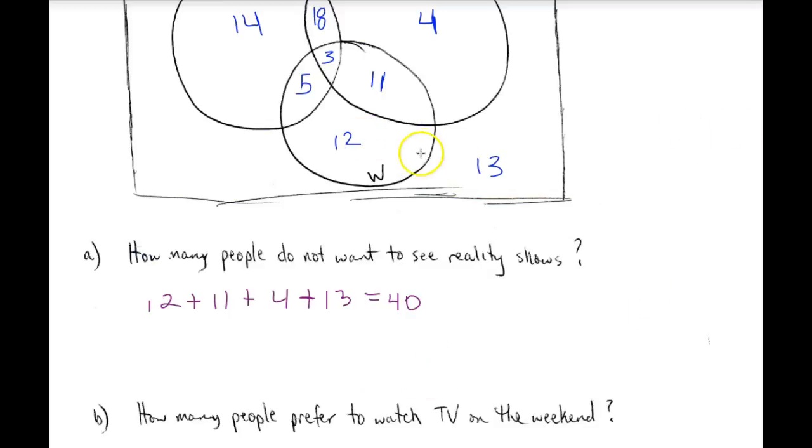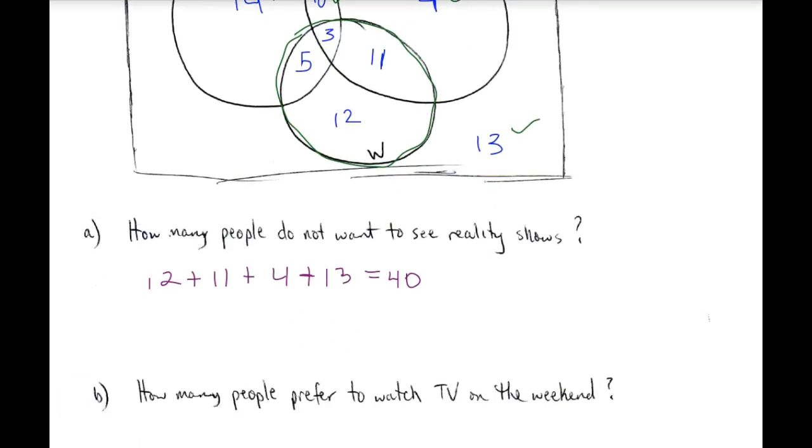So that is everyone that is outside this set W here. So I'm just going to go ahead and circle that. Of course, we see that we have 14, 18, 4, and 13. Those are the people that are outside the set W there. So now all we need to do is just add this up.